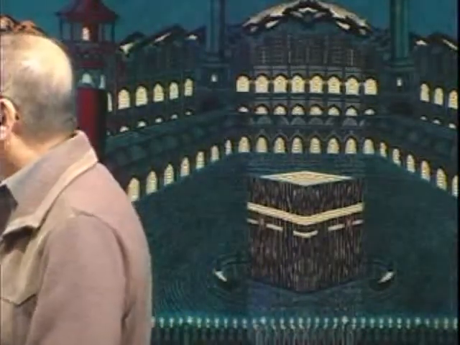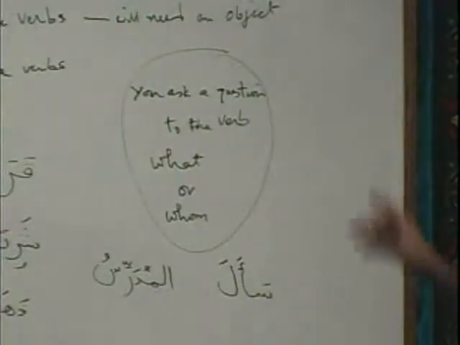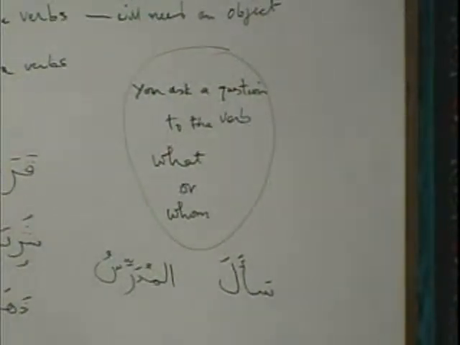Because in order to find out whether the verb is transitive or not, you have to say these things. What do you have to say? You have to ask, what or whom? Okay? So here you say, Mudarris asked. Asked whom? Or asked what? Okay?